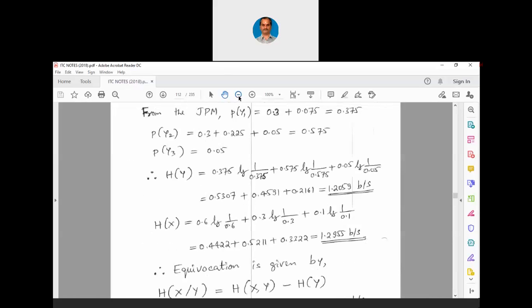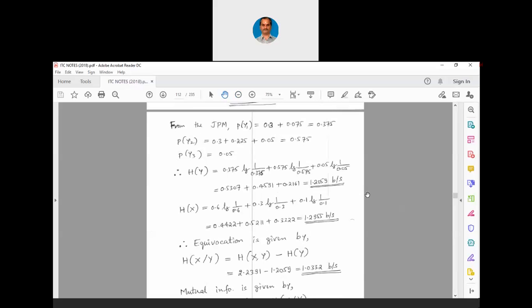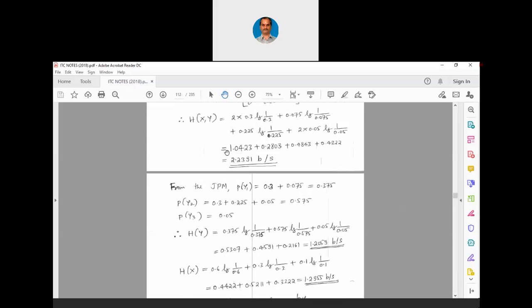Now let me zoom in. Now you have H of x comma y, you have H of y, you have H of x, right? You have the source entropy, you have the destination entropy, you have the joint entropy. Now you can easily find out the equivocation.